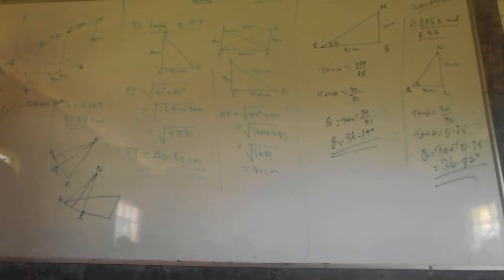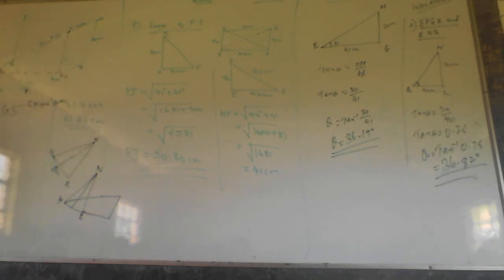So if you translate, which line can we translate? EH. We translate it so that it can be FG. So they are now meeting. We have GL.